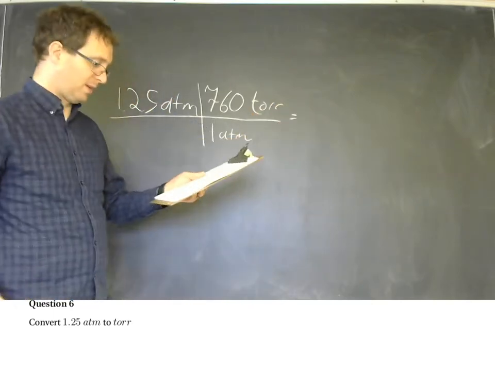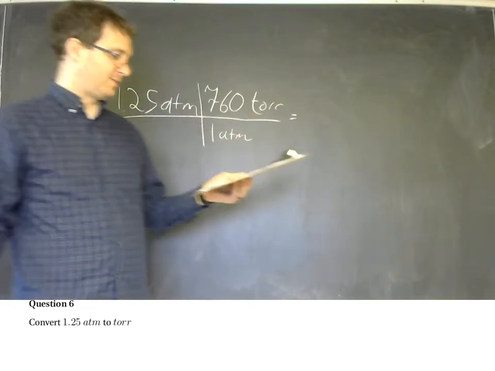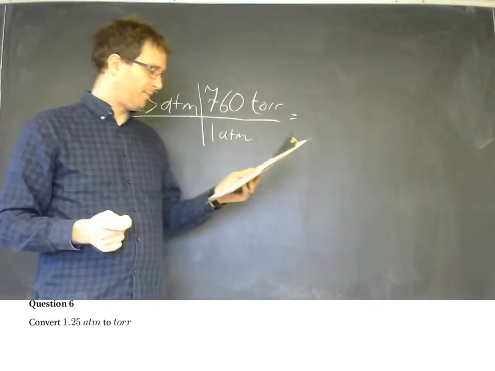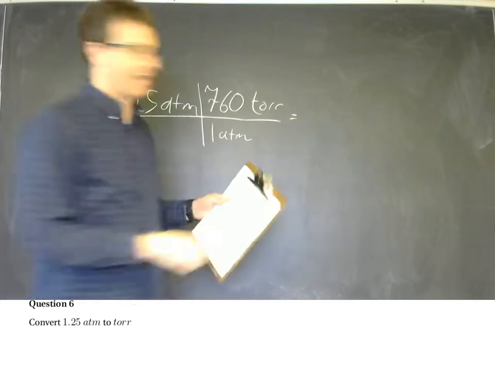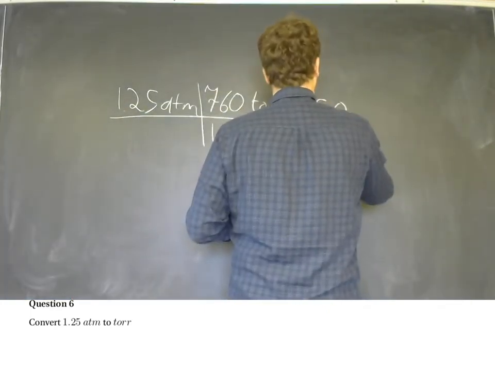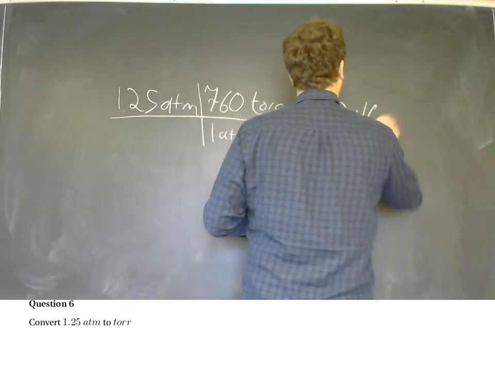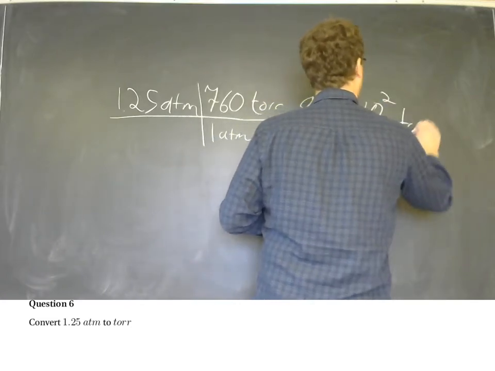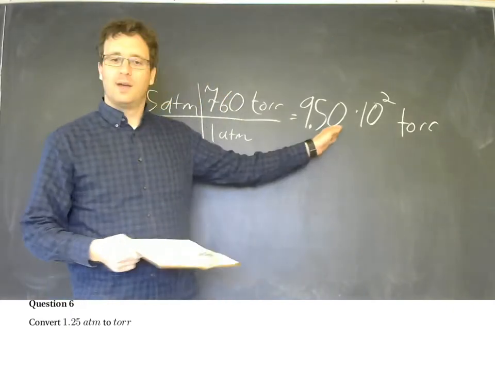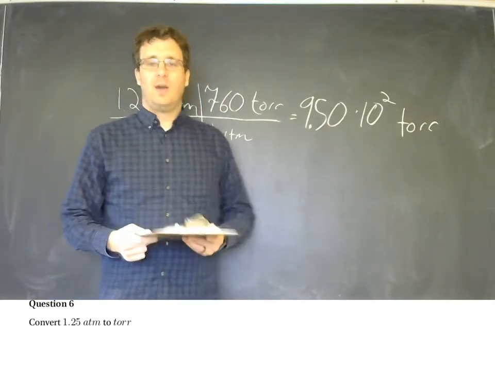So this is going to be 950 torr. Although because we have 3 sig figs here, I'm going to write that as 9.50 times 10 squared torr. That's just using scientific notation to force that to be significant.